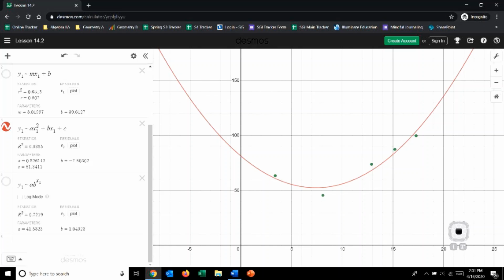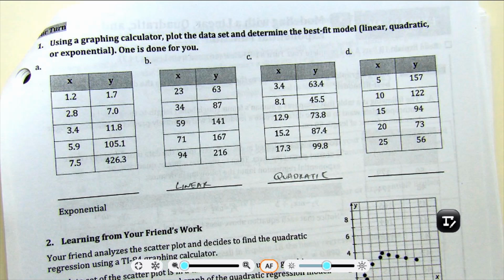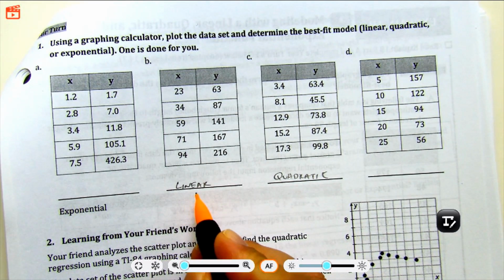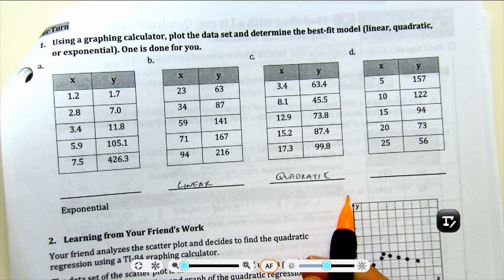And then that's how we're going to be doing the rest of these problems. So let me kind of go back. We said B was linear, C was quadratic, and then I want you guys to try D with the link that is attached to the video for Desmos.